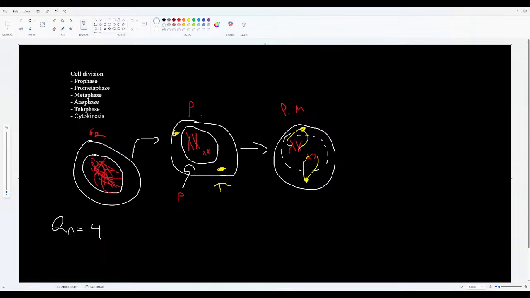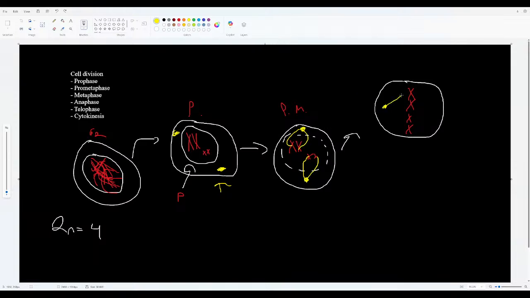So after prometaphase, we have, of course, metaphase. During metaphase, we have the envelope fully dissolved, and now we have our chromosomes lined up perfectly along the center. This is called the metaphase plate or something. Not super important.